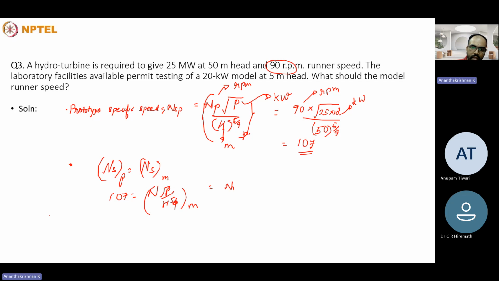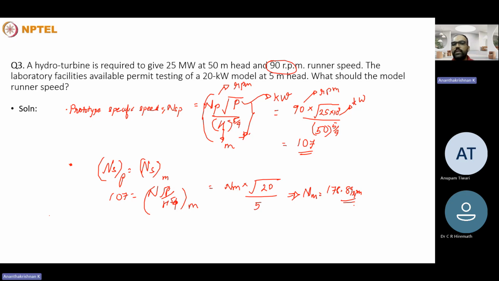We have to determine the N of the model. Power will be 20 kilowatt divided by head H of 5 meters. Therefore, solving this, the model speed will be equal to 178.89 RPM.